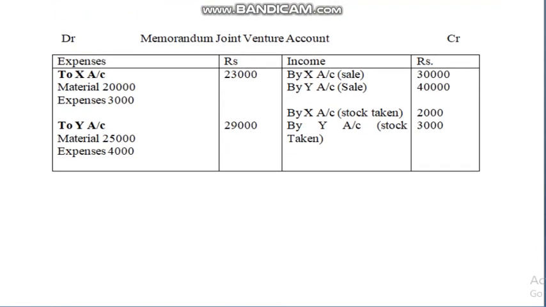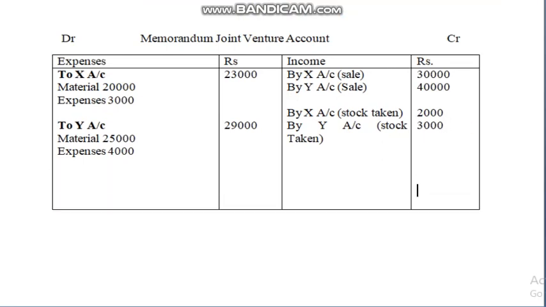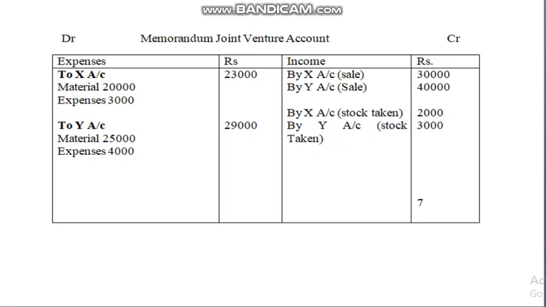Now make the balance of this Memorandum Joint Venture account. So 30,000 plus 40,000, 70,000, plus 5,000, 75,000 on both sides.